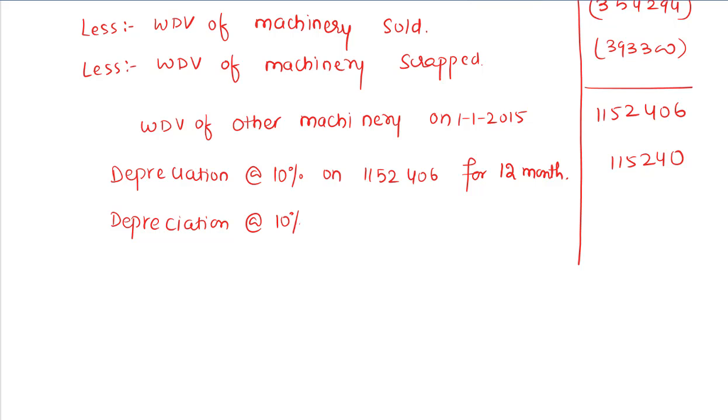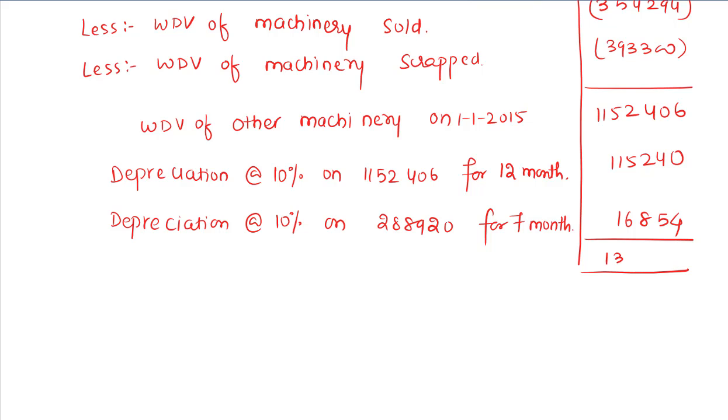Depreciation at the rate of 10% on 288,920 for 7 months is 16,854. 1,15,240 plus 16,854 is 1,32,094.